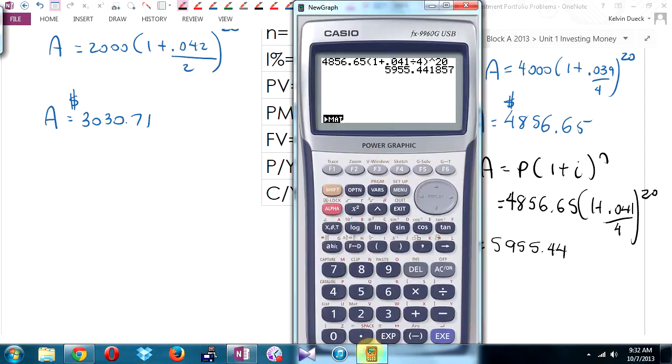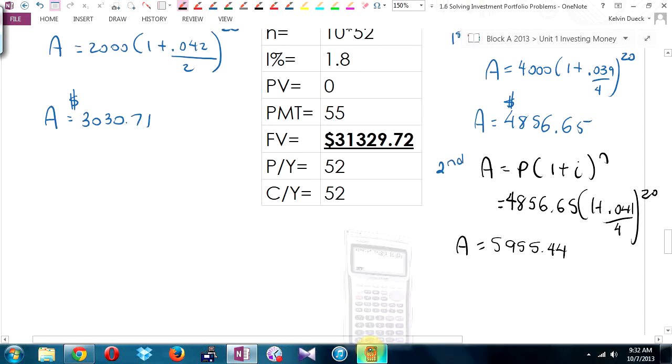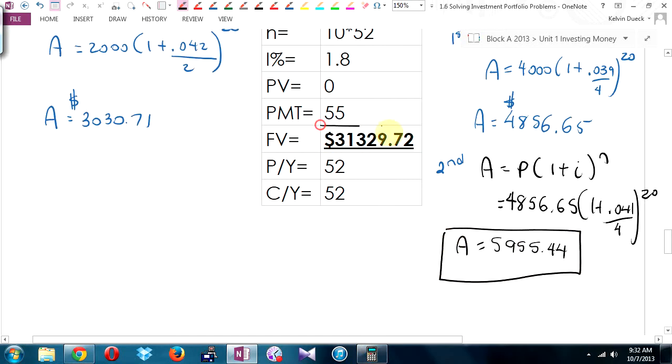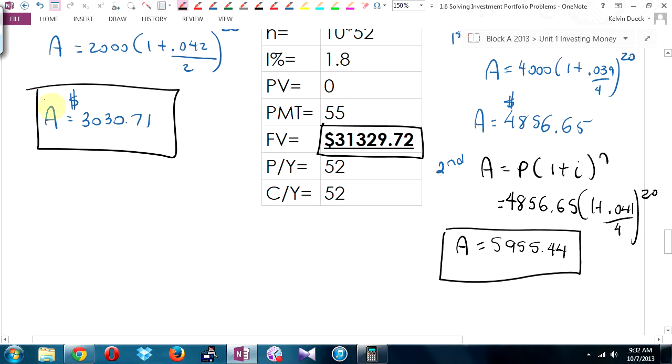Would it be 45? I didn't check. I got 44. If we're off by a penny, we won't freak out. These are big amounts. So, we have that.